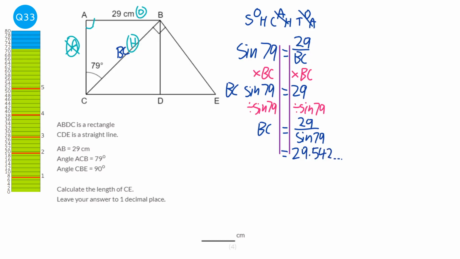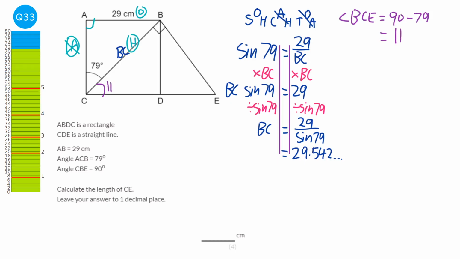Okay, so next thing we need to figure out is angle BCE. So this angle here. And to work that out, we're just going to take 79 away from 90. So angle BCE is 90 take away 79, and that's going to be 11.